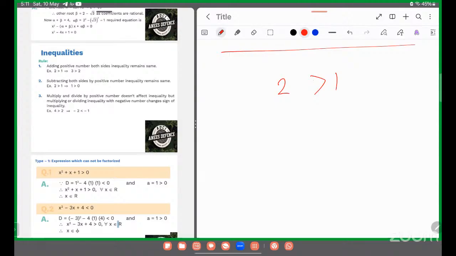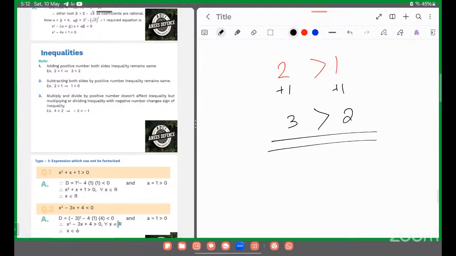If you add some term to this side, we have to add it to the other side also. If you add 1 to both sides, 2 plus 1 becomes 3 and 1 plus 1 becomes 2. The direction of the inequality will not change.